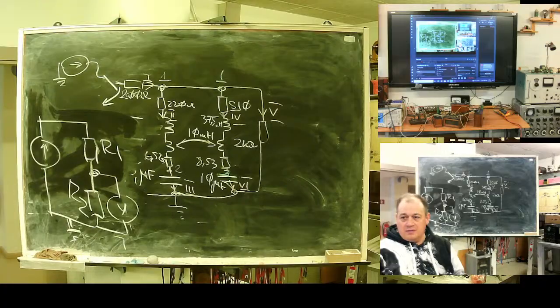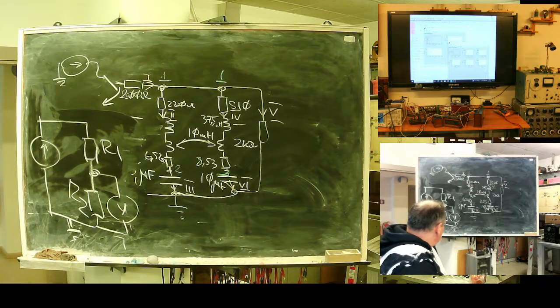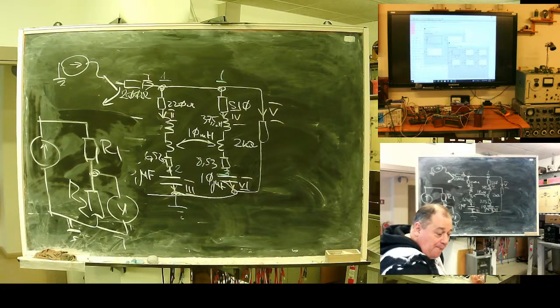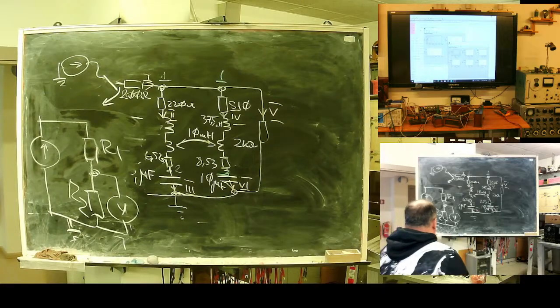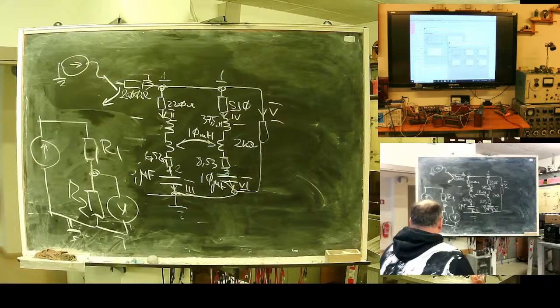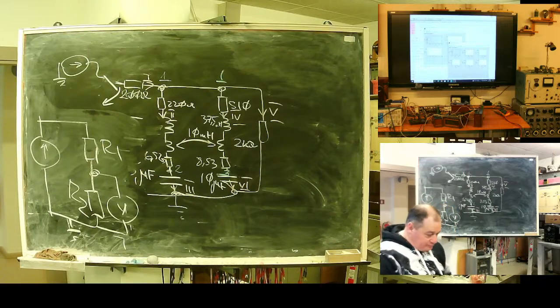What is the input voltage level? 25. 25. Level. 25 divided by R1 plus R2 and multiplied by R2. Yeah?